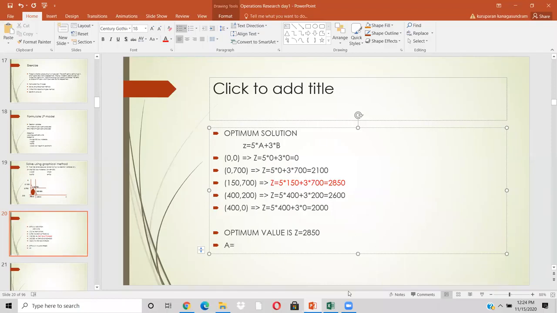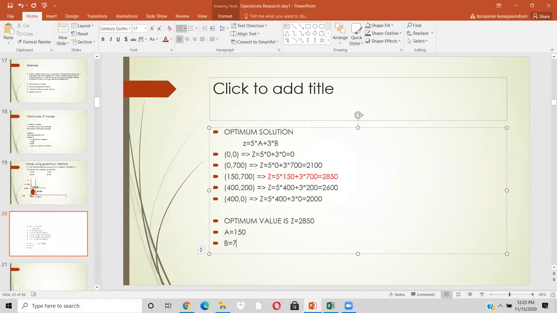How much A and how much B should I produce? 150 A's and 700 B's. Okay, you have to write this way. A is 150 and B is 700. Okay, I have to produce 150 units of A and 700 units of B. Okay, fine. That's all with the graphical method.